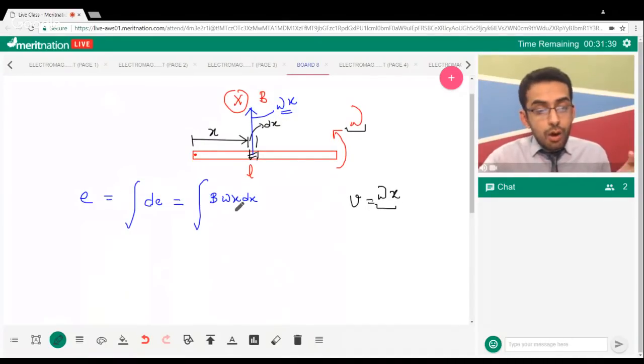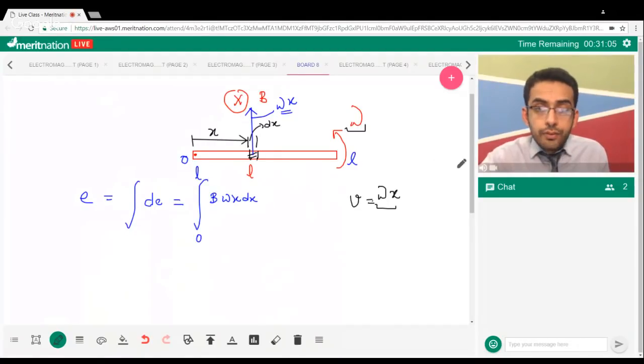So now you have to think it over how x is varying. X is the distance of the element from the end. And how can we vary x so that we can cover the complete length? See, x can be minimum 0 and maximum L. So from 0 to L, we can vary x.